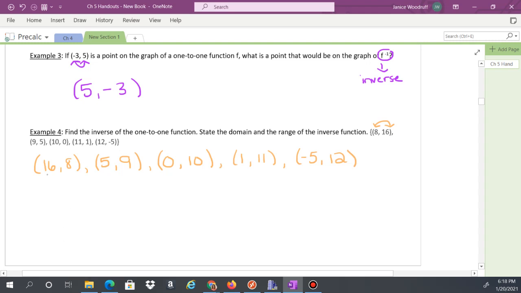And then the domain, you would just list out the x values: 16, 5, 0, 1, and -5. And then the range, your y values: 8, 9, 10, 11, 12.